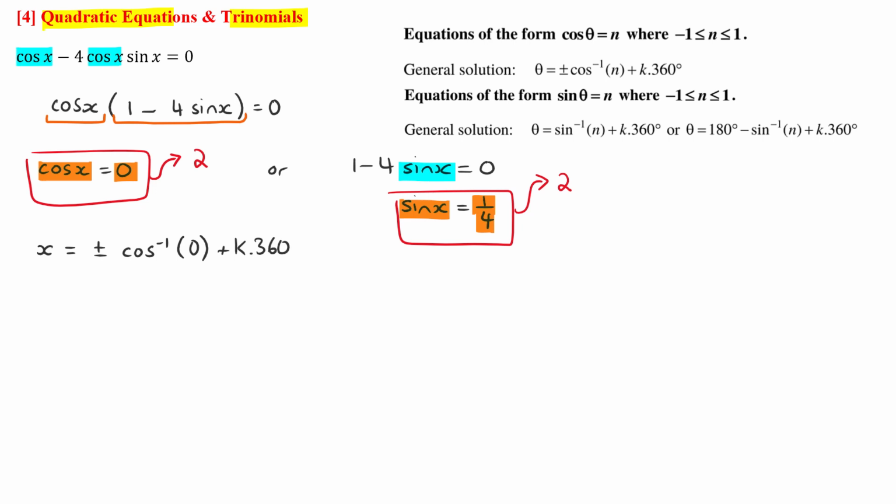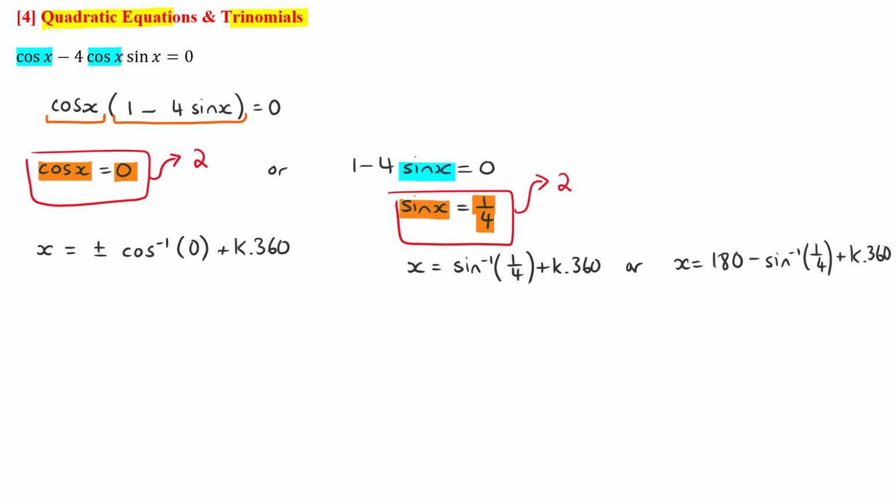And then likewise for sine, we know that x for the angle will be equal to the inverse sine of 1 over 4 plus k times 360, or x will equal 180 minus the inverse sine of 1 over 4 plus k times 360.